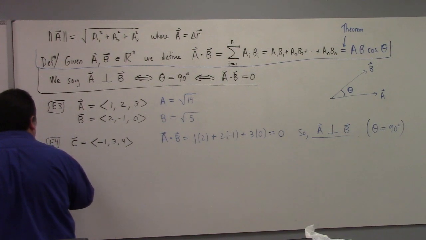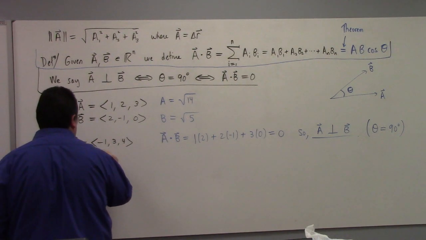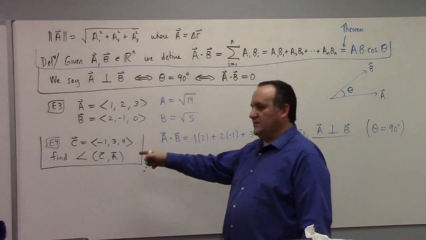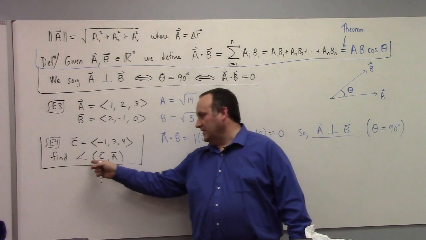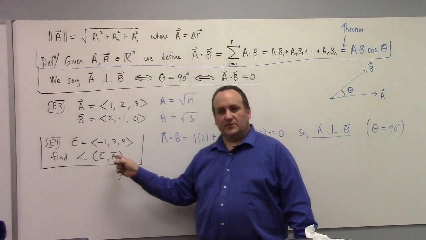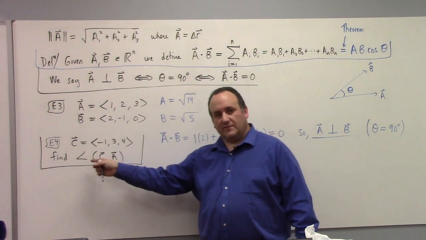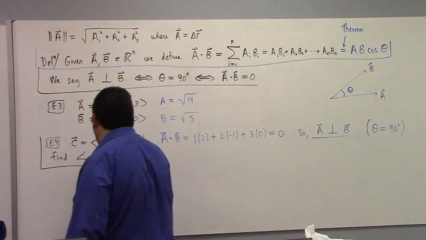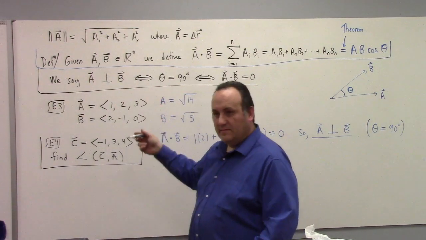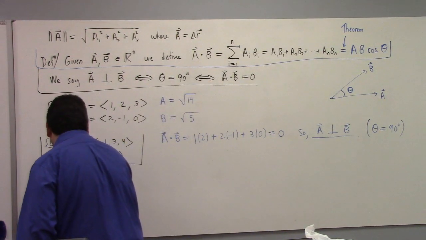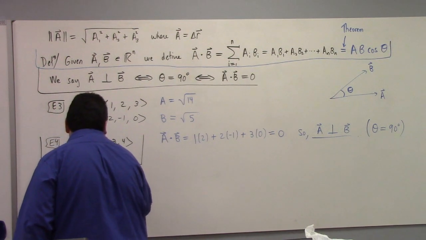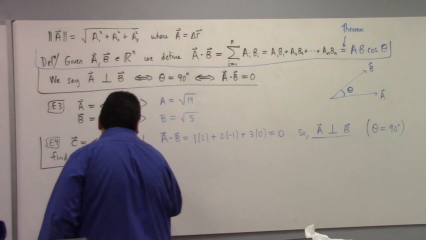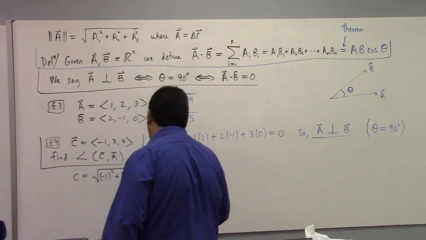I would like us to find the angle between C and A. This notation is just a shorthand, the angle from C to A. I'm still using the same A from example 3. So what's the magnitude of C? Minus 1 squared plus 3 squared plus 4 squared. That's the square root of 26.